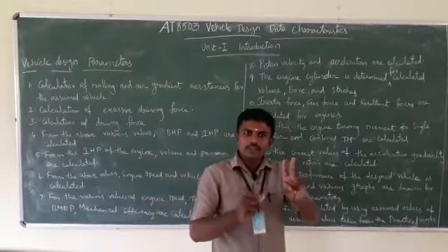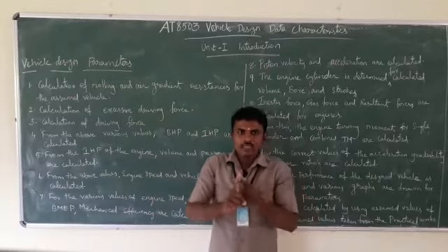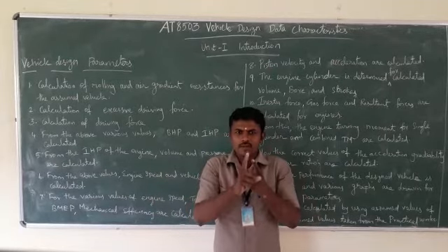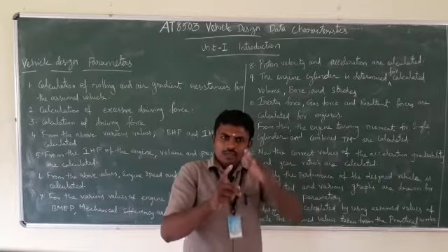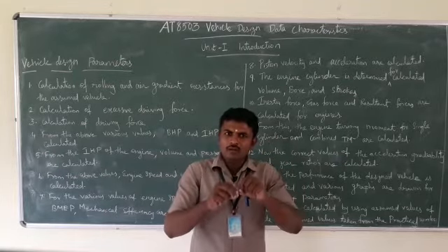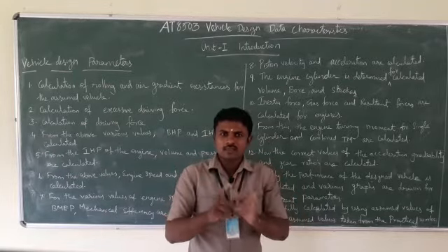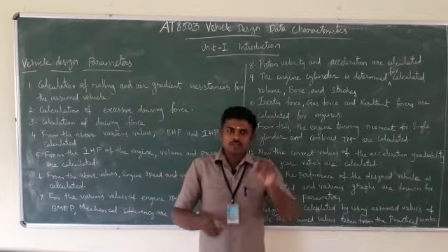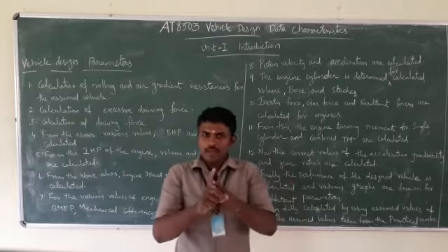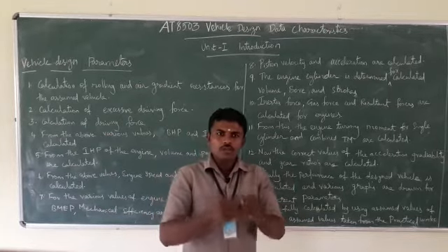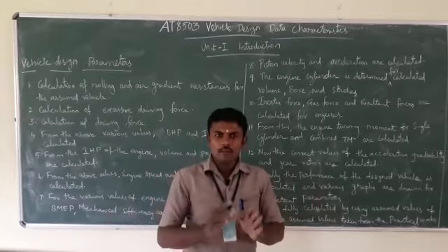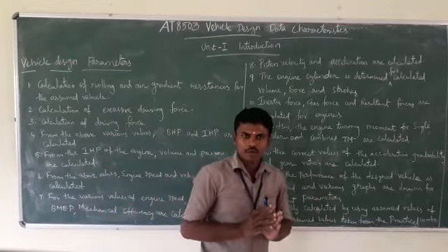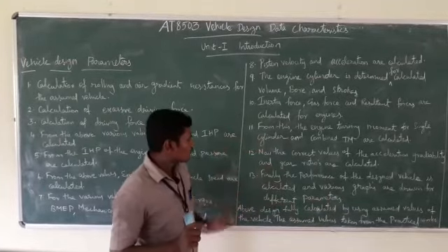Suppose it is a 2-cylinder engine, we need to draw one cylinder first, then combine the first and second cylinders, right? Like that we need to do. First we draw 1 cylinder and then all the cylinders in combined form, okay, right? That is the major thing.